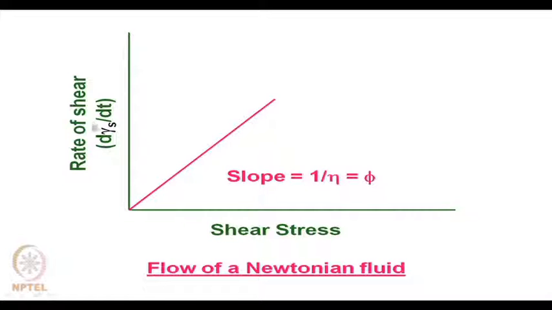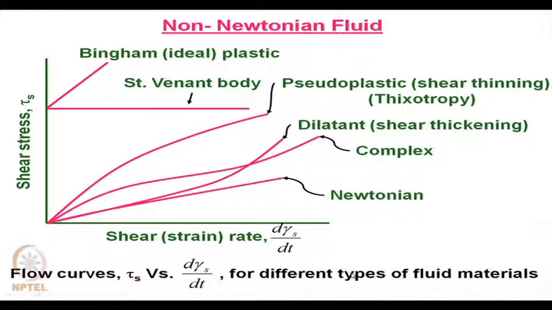And if we make a plot of rate of shear, d gamma s dt, that means rate of deformation, versus shear stress, that is, shear strain rate versus shear stress curve, this is also linear in case of a Newtonian fluid.